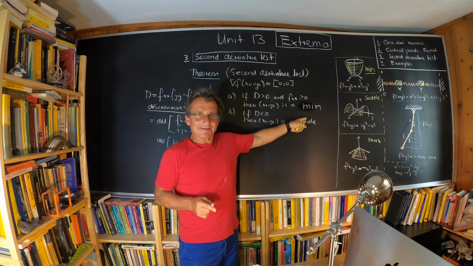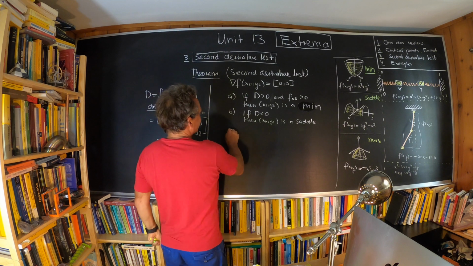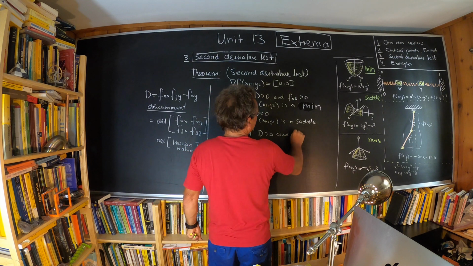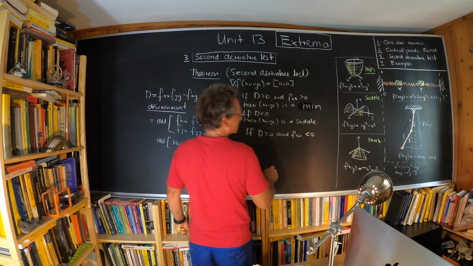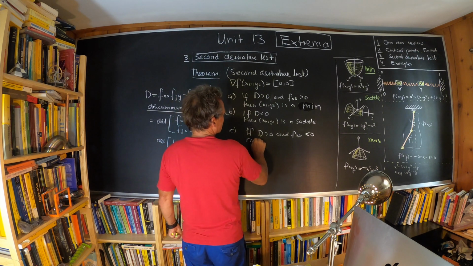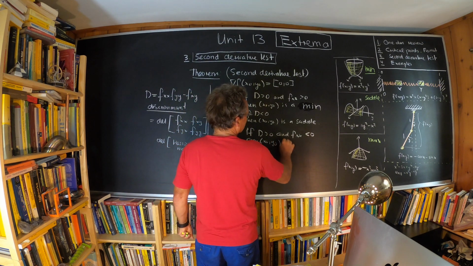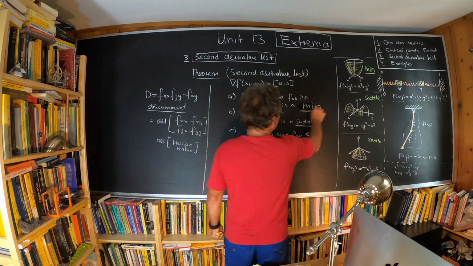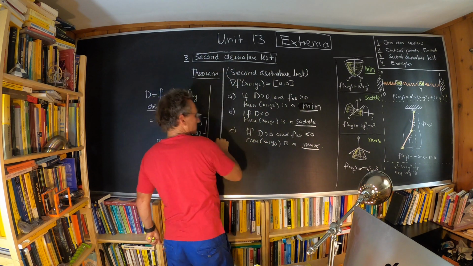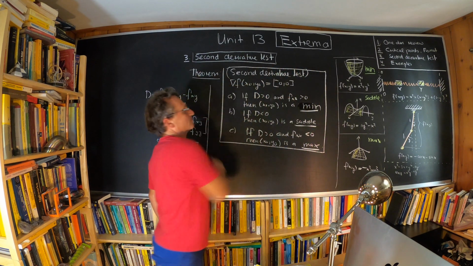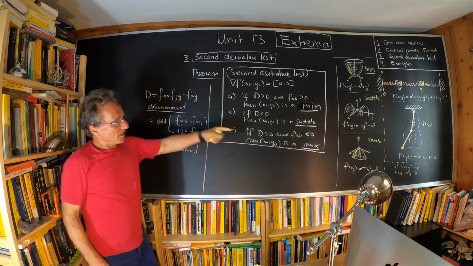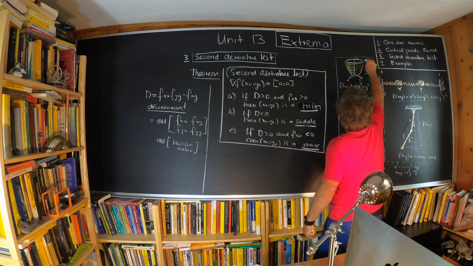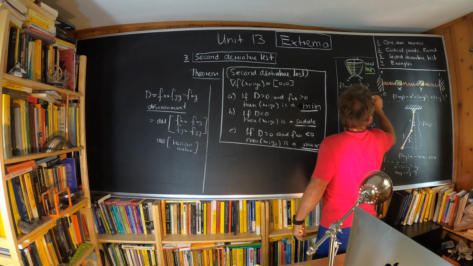Let me do it: D bigger than 0 and fxx smaller than 0. Then x naught, y naught is a maximum. So maximum, minimum, these are always local maximum, local minimum. We usually don't say local, but we mean local, and this is a saddle point.